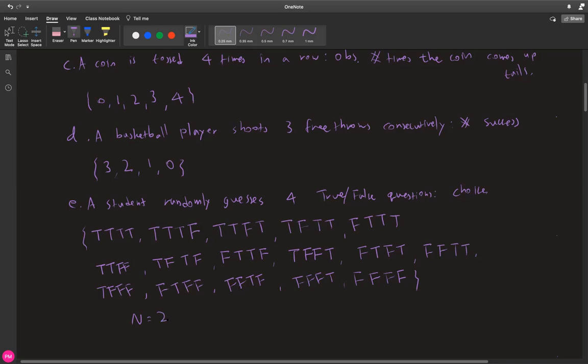So there are 2 choices. And since there are 4 different events that the student has to choose, you simply exponentiate by 4, and that's going to be 16. And we can confirm that there are 16 elements in this set.